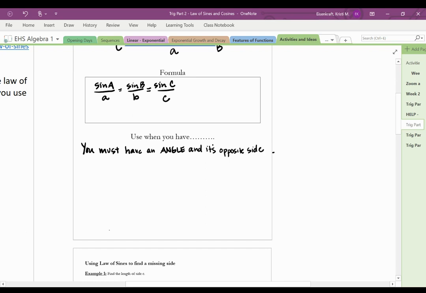Okay, so that's a must. And then if you see that you have an angle and its opposite side, you also need one more side or angle.